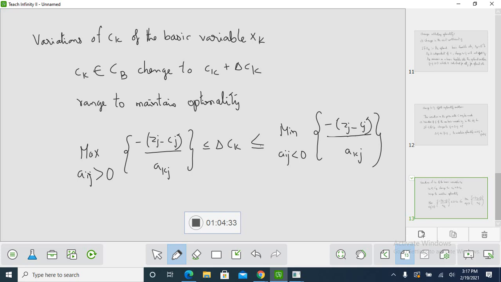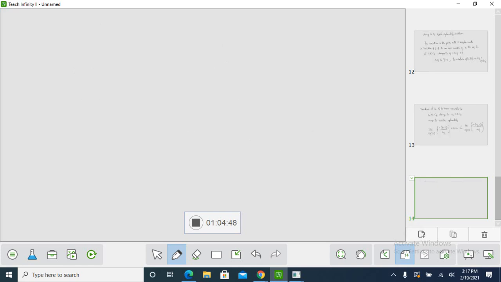Now only one line and with this I close. If there is no Akj greater than 0, there is no lower bound to delta Ck.